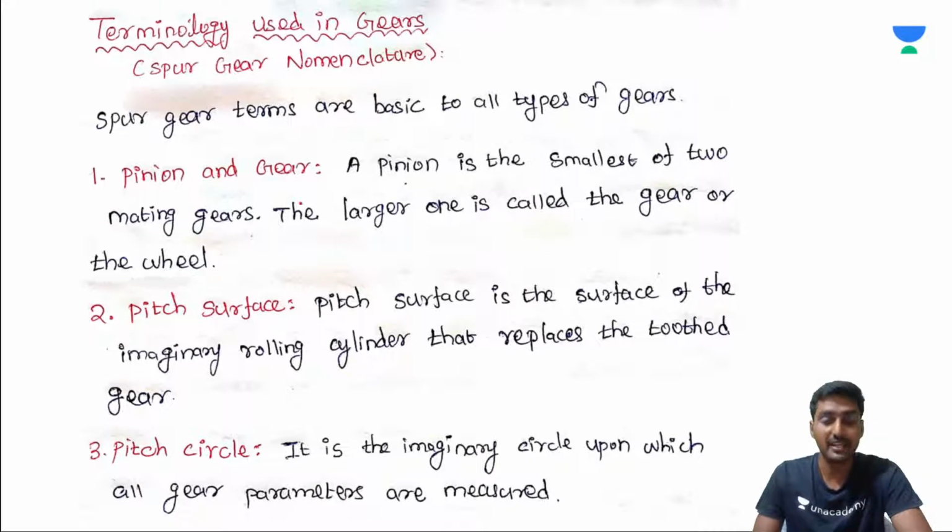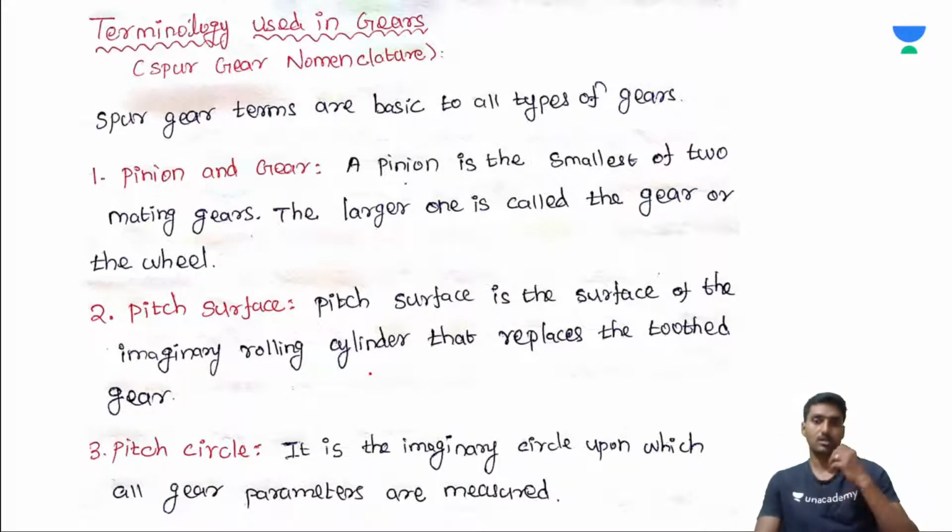First one, pinion and gear. A pinion is the smaller of two mating gears, and the larger one is called the gear or wheel. Already we have discussed this. Next, pitch surface. Pitch surface is the surface of the imaginary rolling cylinder that replaces the toothed gear.